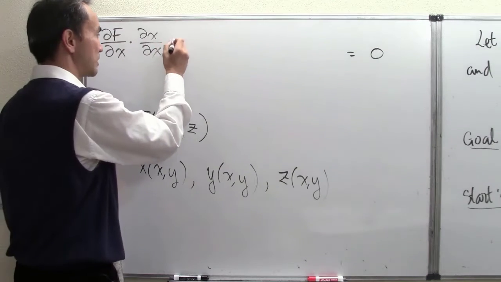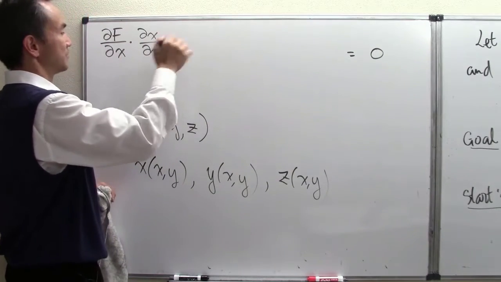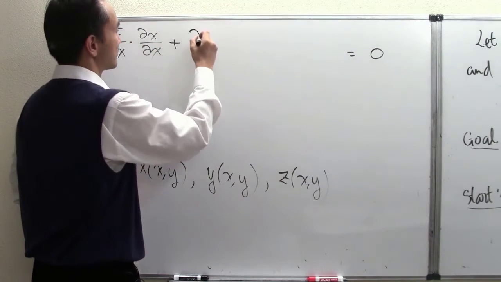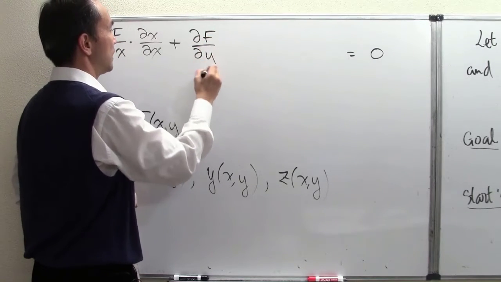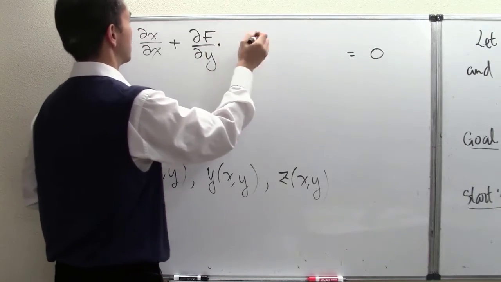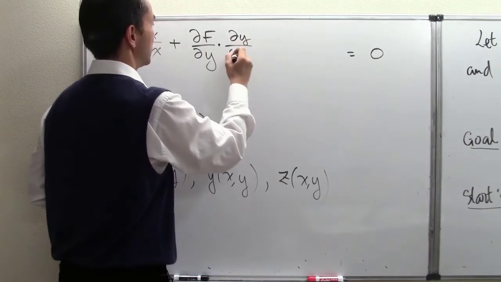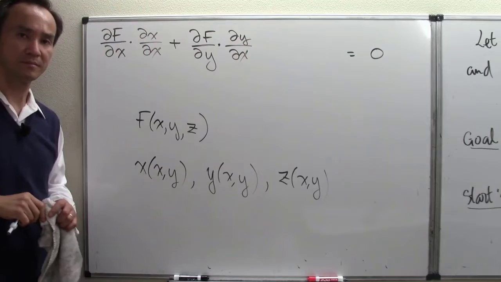And the chain rule says I need to do dF/dy, but multiplied with dy/dx.